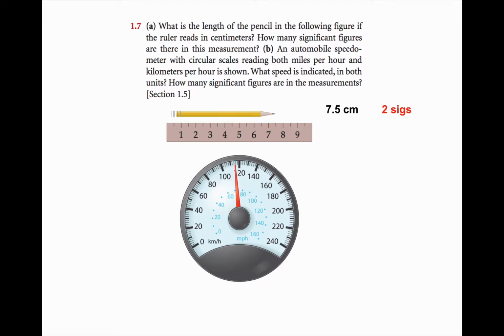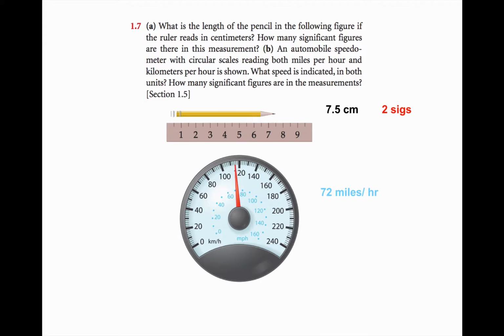So if I'm trying to estimate how fast I'm going in miles per hour, I look at the blue scale, and I can see I have 60 and 80, so the midpoint must be 70. I'm a little bit past that, so I can make an estimation to the nearest mile per hour using the blue scale. If I'm trying to use the kilometer per hour scale, it's a more spread out scale.